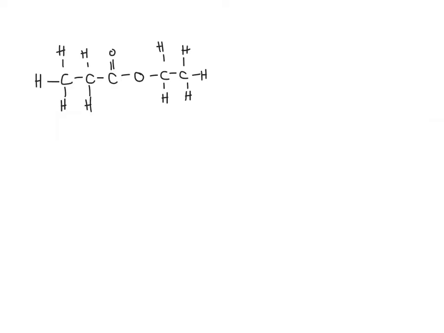So it seems a bit complicated, but we'll make it clear for you. Okay, so let's take a look at this ester. We need to find the portion that contains the carbonyl group. If you look here, this is the carbonyl group, so this part came from the acid. This portion that just has the single bonded oxygen came from the alcohol. The acid portion contained 3 carbons, so it would have been propanoic acid.